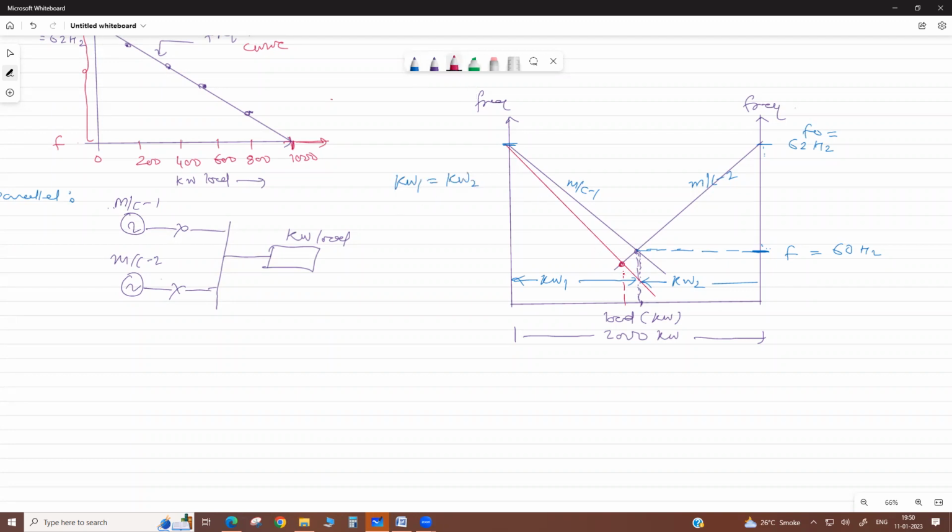But now with the droop setting increased, kilowatt 1 is reduced and the load on machine 2, kilowatt 2, is increased. Kilowatt 1 is less than kilowatt 2, so machine 2 takes more load, while machine 1 takes less because its droop setting is increased.